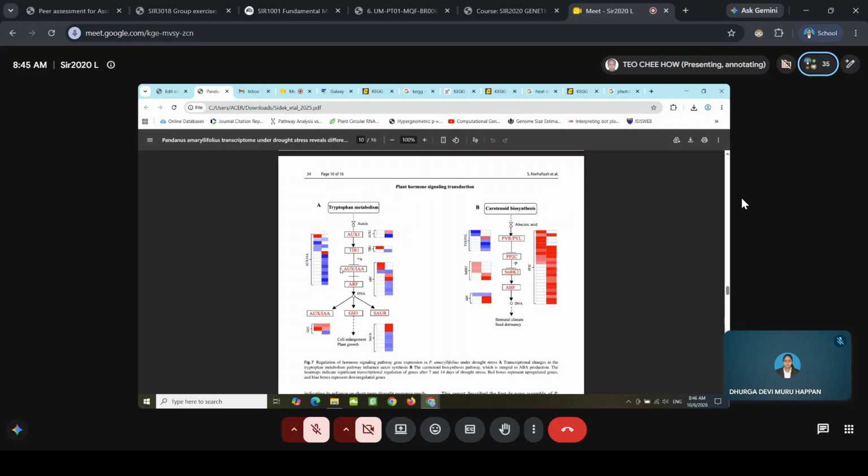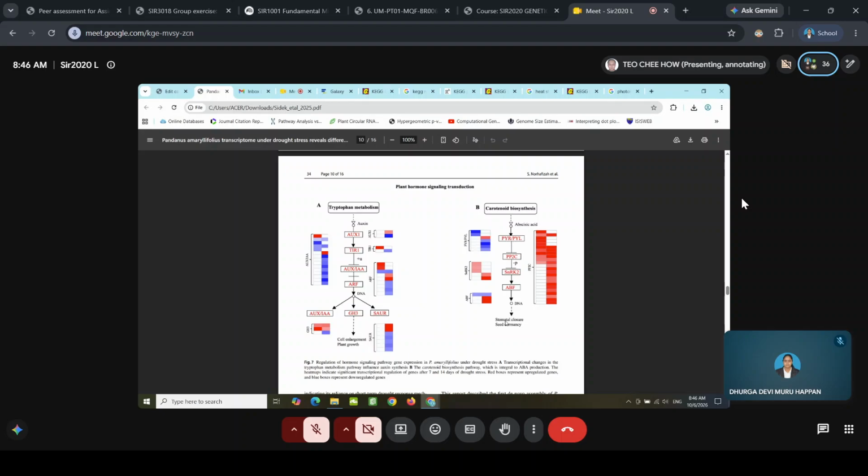Then it leads to the inhibition of auxin X, as we show in here. And both of them are transcription factors. So they regulate the transcription of the DNA element. Then that leads to changes in the expression of downstream genes GS3 and SIR1. So what happens then? Cell elongation and plant growth will be affected phenotypically.